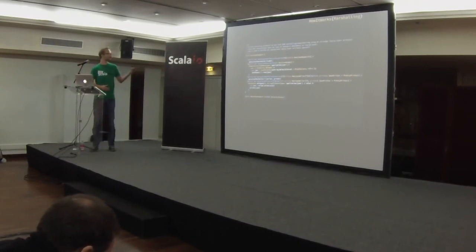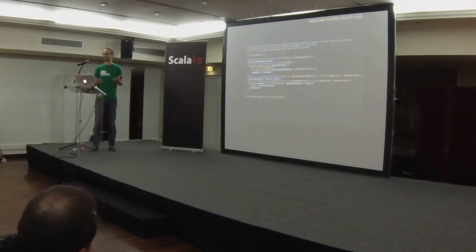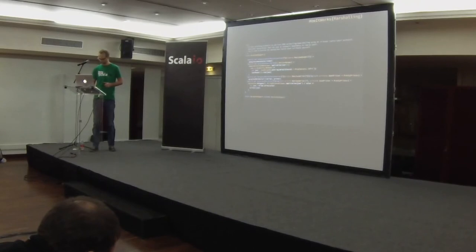So it only matches on application with JSON, so if the content type is different and this doesn't do anything, it doesn't match, and you'll need some other marshaller or unmarshaller. And it just does the JSON parsing for you and maps it to your case class and the other way around.